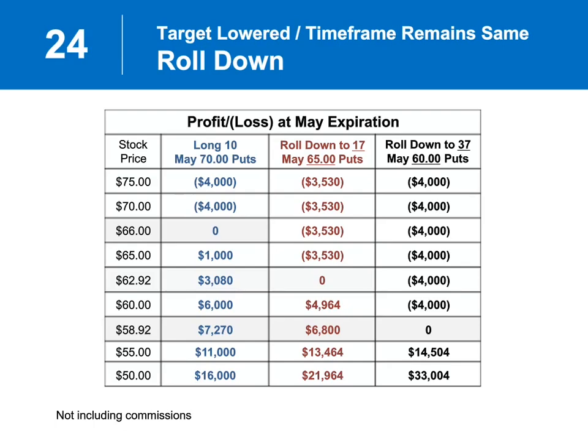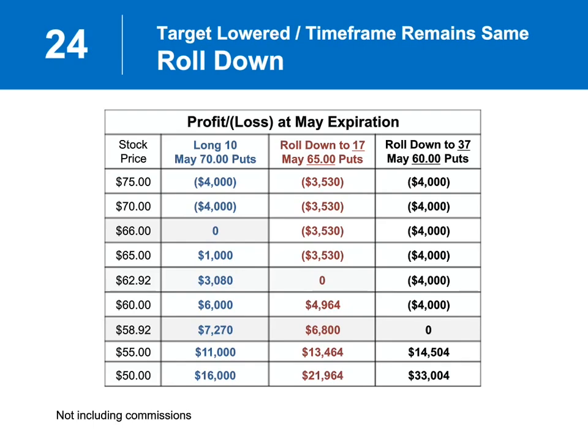Joe, I'm really glad that you asked about the interaction between the 70 puts and the 65 puts, because the next question we had on this slide 24 was: could you keep the long 5 May 70 puts, establish a debit spread, and then sell 5 of the 65 puts? Basically, I think this is just talking about rolling down, and really that is just like scenario 5 that we talked about, Nick.